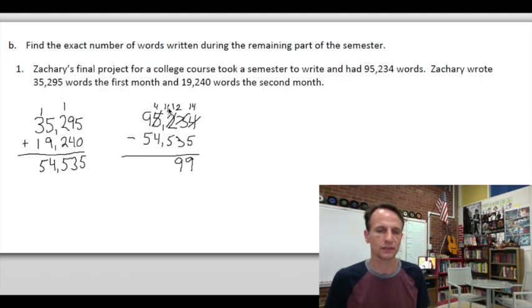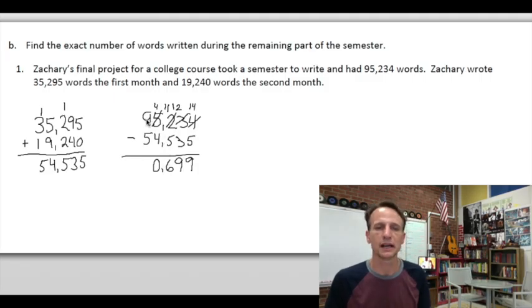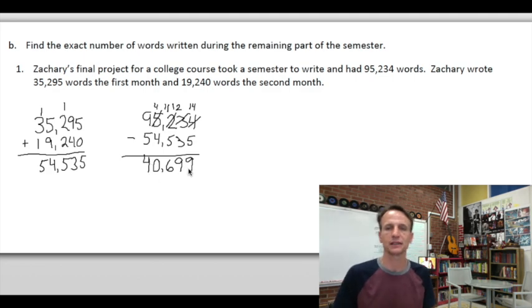So now that gives us 11 minus 5 is 6. Oh, we catch a break. 4 minus 4, 0. Drop that comma. And then 9 minus 5 is 4. Okay, and that makes sense, doesn't it?